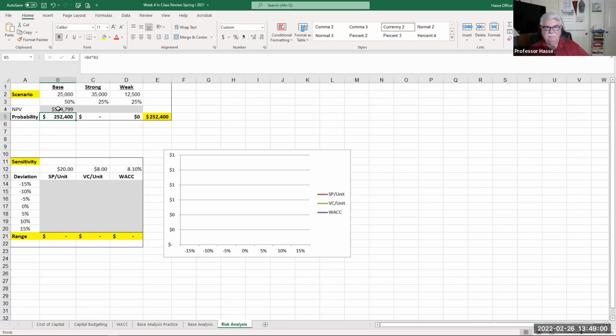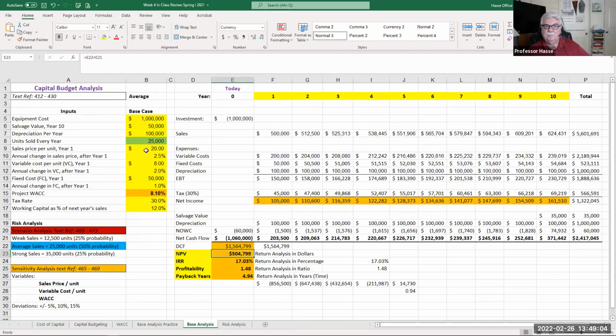Now let's go back to our base analysis and change one number, the output number, because I have all this preset with a variety of different equations. So if I go in and just change the output to a strong version of the economy, where we can sell 35,000 units, and I hit enter, my spreadsheet automatically changes.